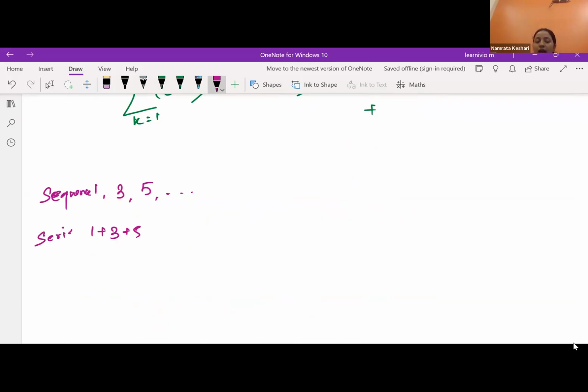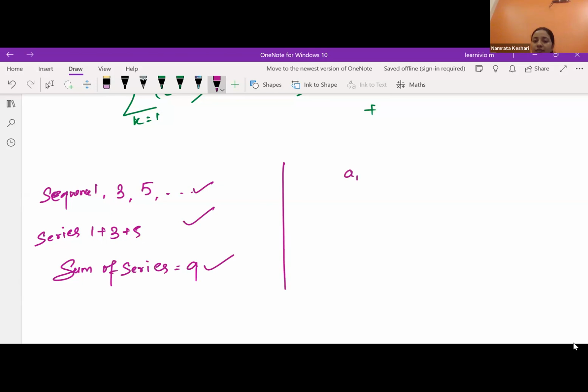When we have to write the sum of the series, we write the summation like 1 plus 3 is 4, plus 5 is 9. This is the sum of the series. This is already clear from the last class.